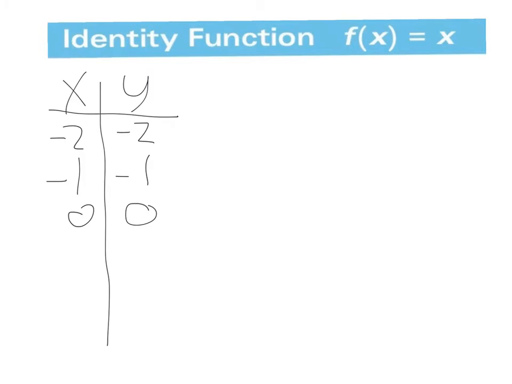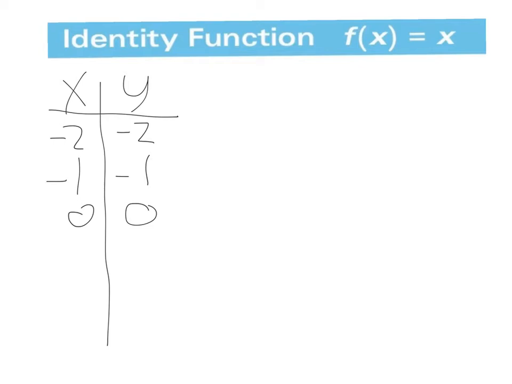The reason we call it the identity function is because if we plug in a particular value of x, we're going to get the same value out. For instance, if we plug in -2, we just get -2. If we plugged in -1, we'd get -1. If we plugged in 0, we'd get 0. Regardless of what number you plugged in for x, you always get the same number out.